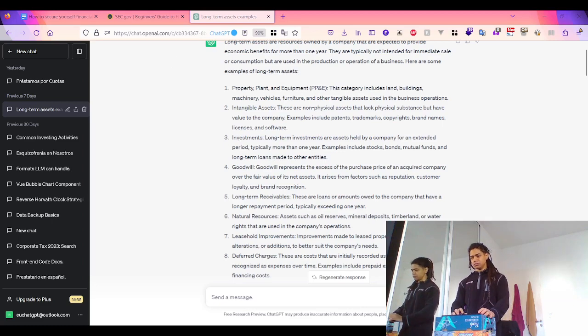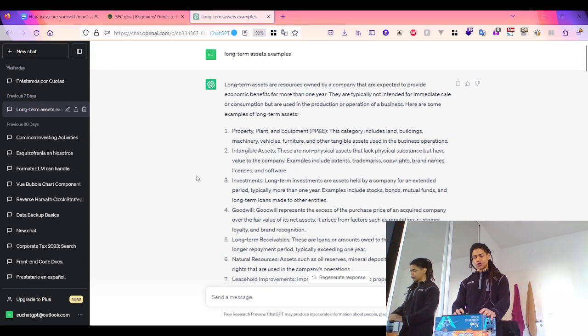Okay, so just to remember about payables and long-term assets. Long-term assets are things or resources that a company owns and expects to provide value or economic benefits for more than 1 year.